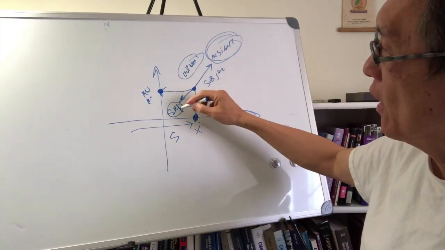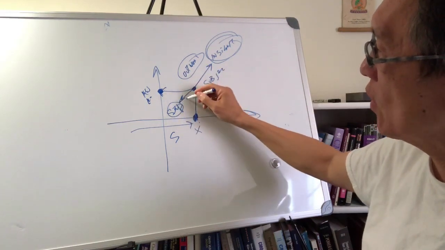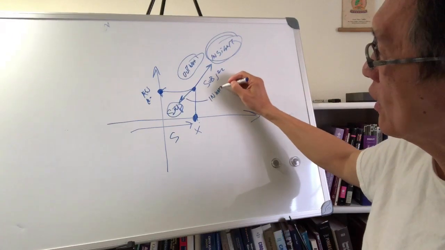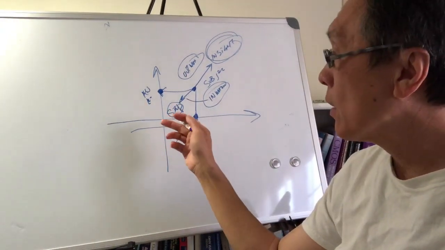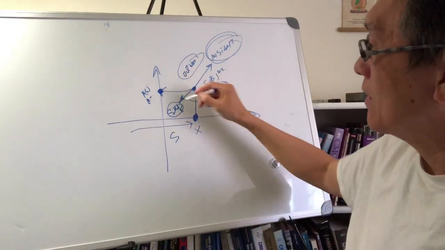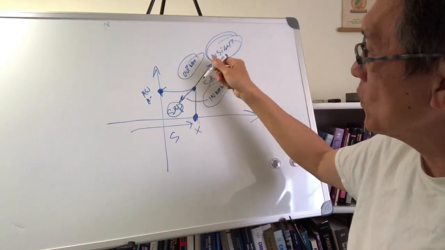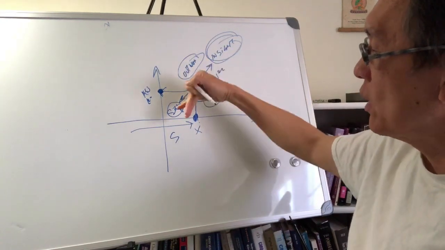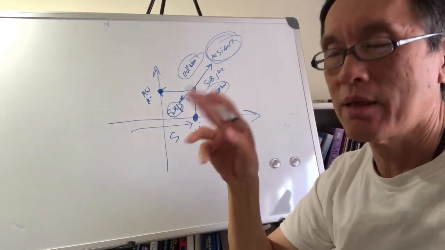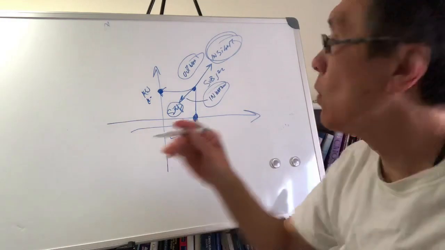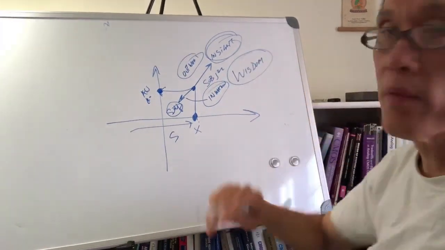The investigation of self is called inward investigation. So being able to investigate inward or outward to get the insight is named wisdom.